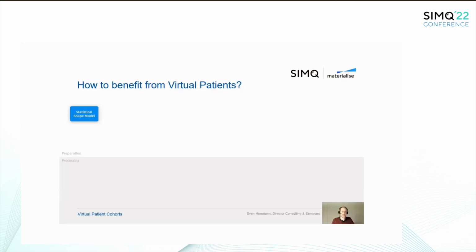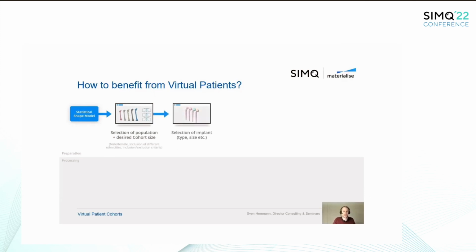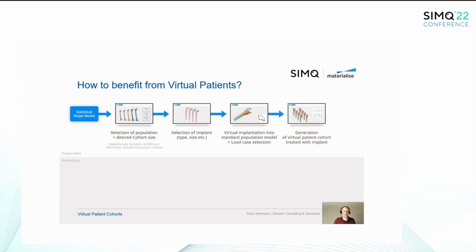So based on the statistical shape model, you first select the population as well as the desired cohort size you want to investigate. Then you select the implant you want to consider for the analysis. Its geometry is then virtually implanted into the standard model of the selected population, and a virtual patient cohort is then generated in the desired cohort size for specified load cases, such that all virtual patients are treated with the same selected implant.